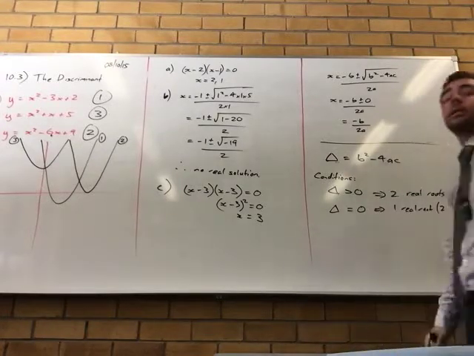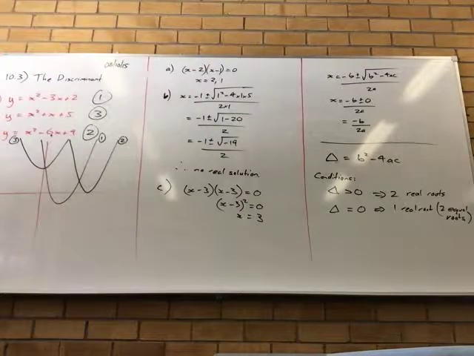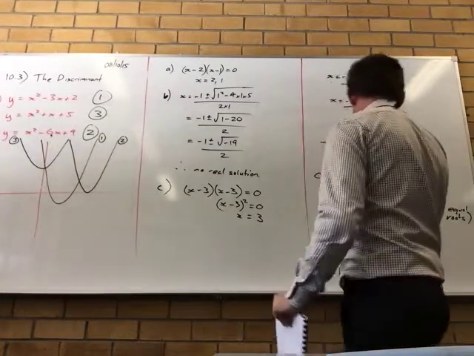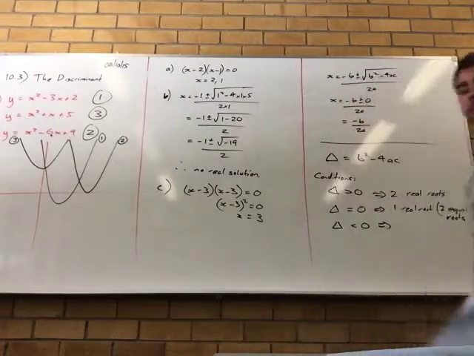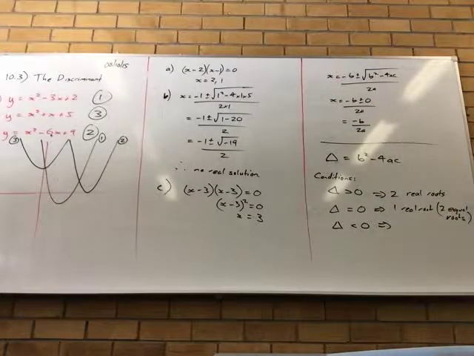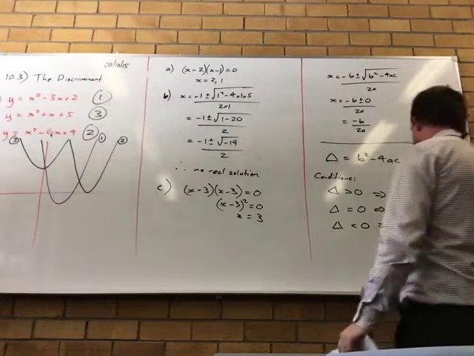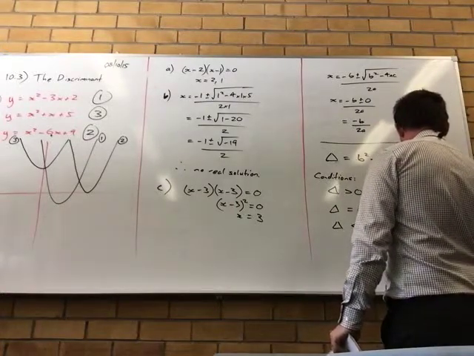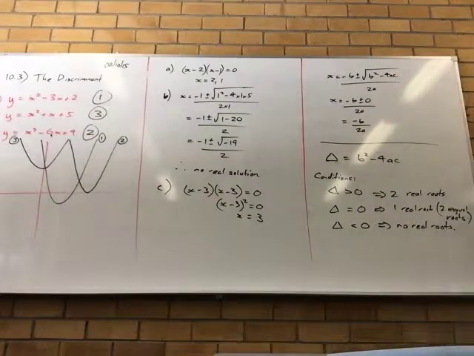And yes, you need to know that because of further questions they will ask on that concept. If the discriminant is less than 0, that implies we have no real roots.